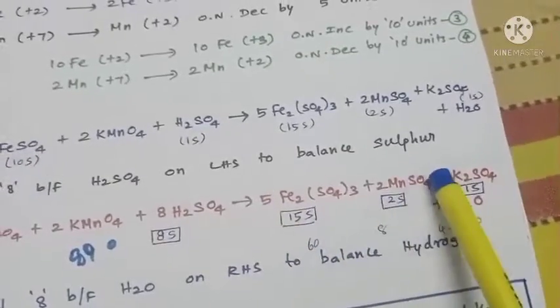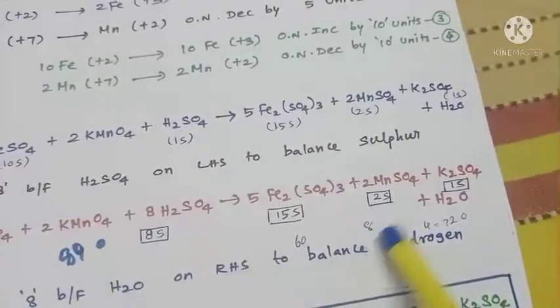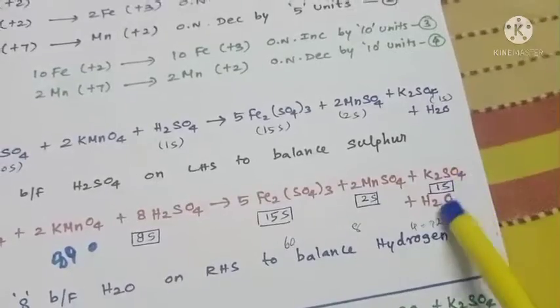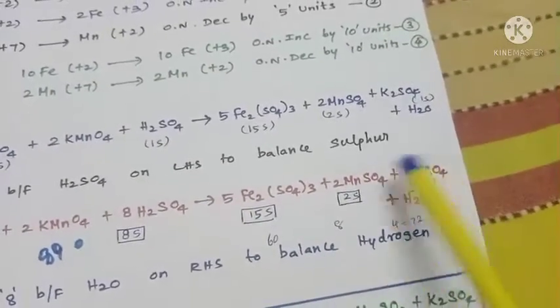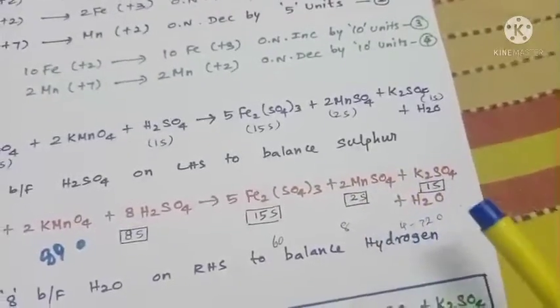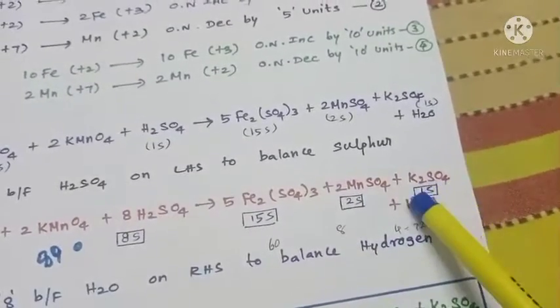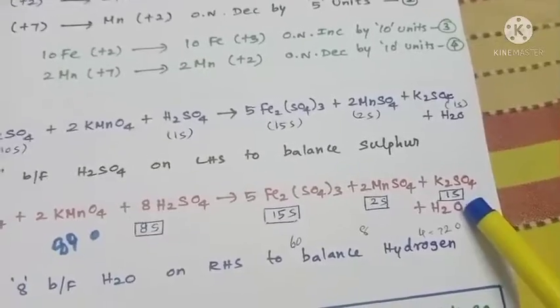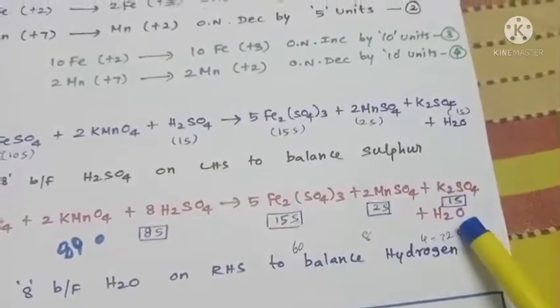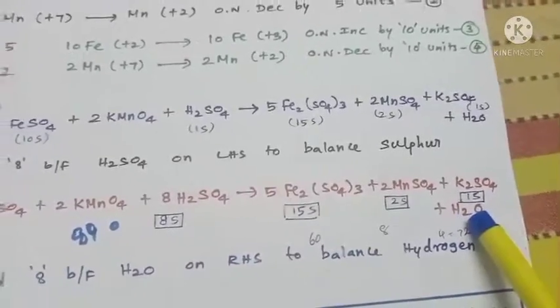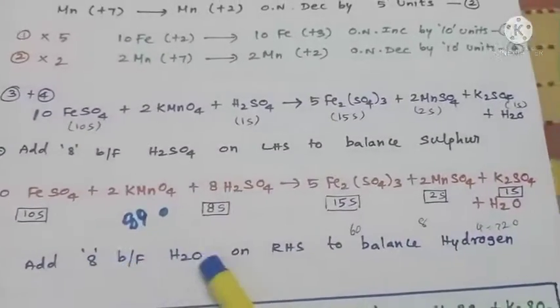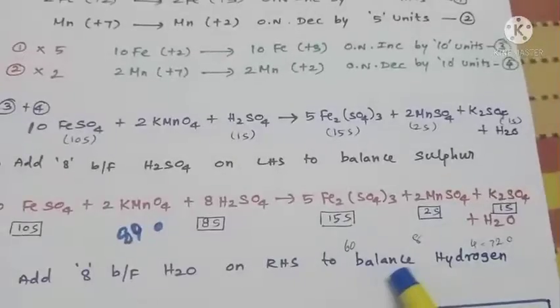Here 60 plus 8 is 68, plus here 4, 72 oxygen. Including this, totally there are 72 oxygen atoms, isn't it? But when you make this 8, 72 plus 8, 80 oxygen will come up. So to balance oxygen, I am going to introduce 8 before H2O on the right hand side.